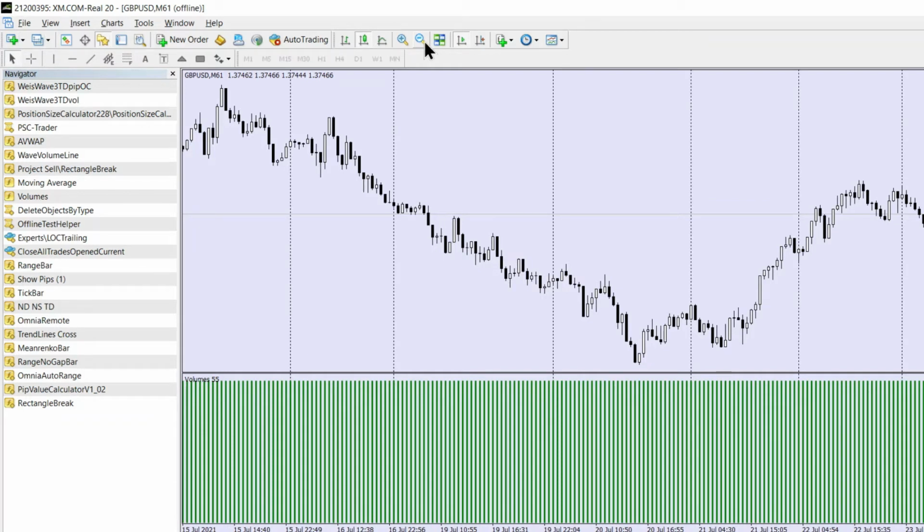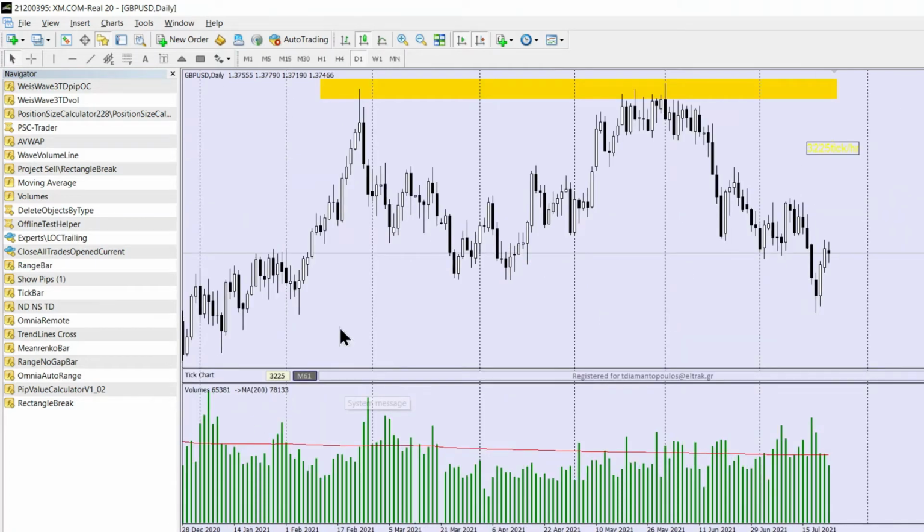So let's say that I wanted to create a 5 minute chart. So what I'll do, since 1 hour is 3,225, divide that by 12 because there are 12 5-minute periods in an hour.